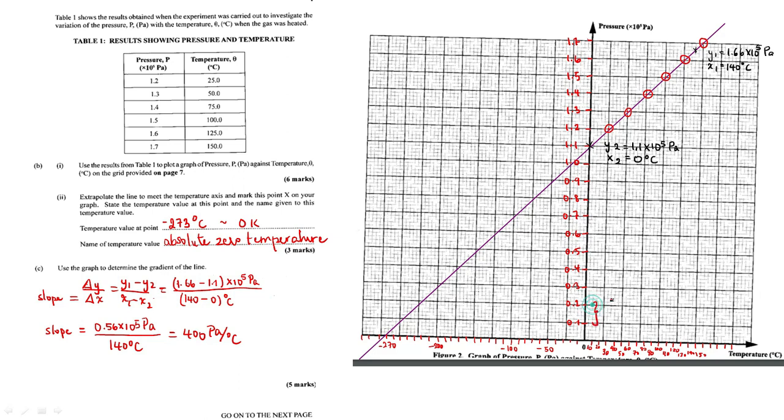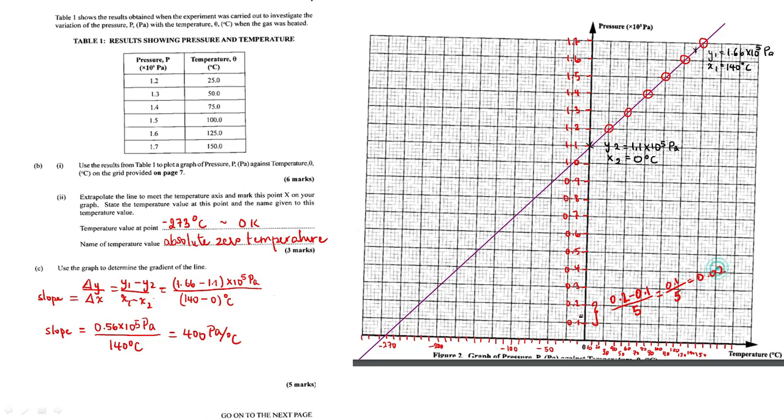So you would say 0.2 minus 0.1. And then you divide by the amount of spaces, 1, 2, 3, 4, 5. And so we get 0.1 divided by 5. So 0.1 divided by 5 would tell us that each space is 0.02.